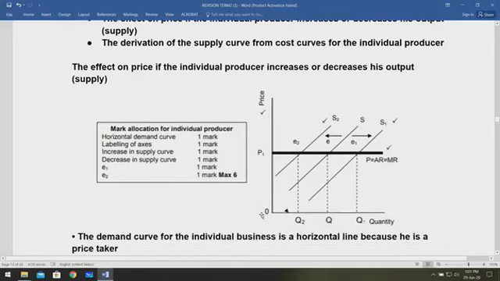Please, grade 12s, one thing I've noticed, students are very good at drawing the graph. They can draw the graph perfectly, but when you ask them to explain, then there's nothing. It is not rocket science, people. You just have to write down what you have done on the graph. So you say, the supply curve has moved from S to S1. The quantity has moved from Q to Q1.